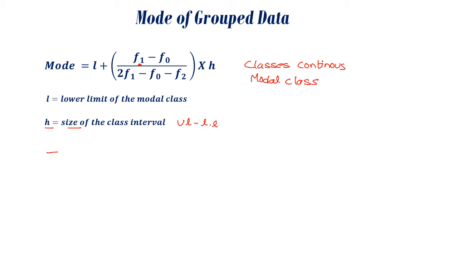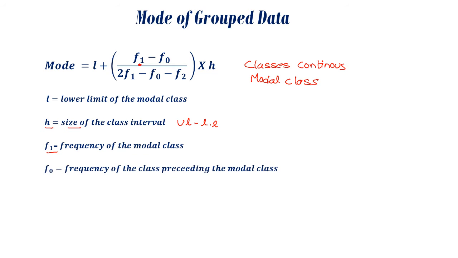Whichever is the modal class, the corresponding frequency is F1. F0 is the frequency of the class preceding the modal class. I hope you must have guessed what F2 is. F2 is the frequency of the class succeeding the modal class.